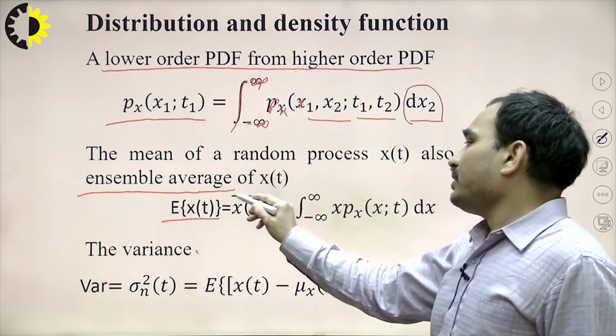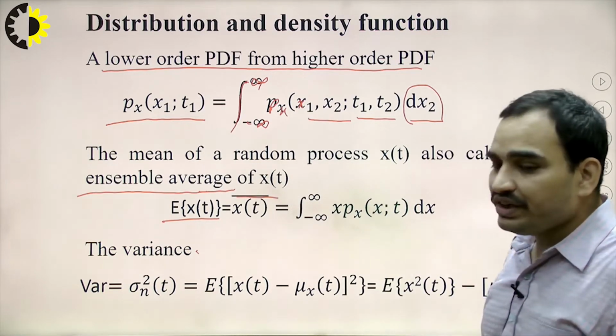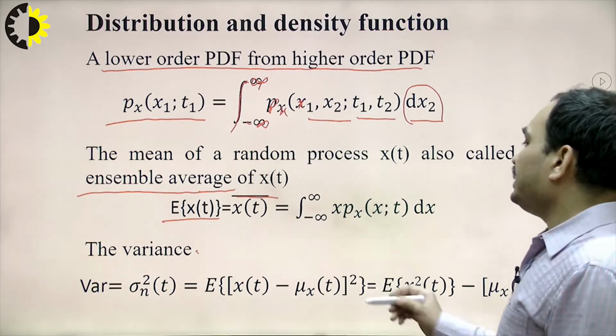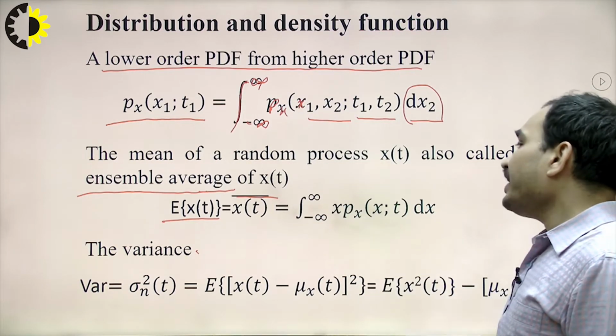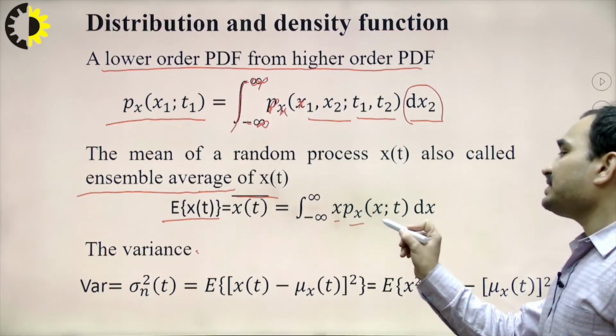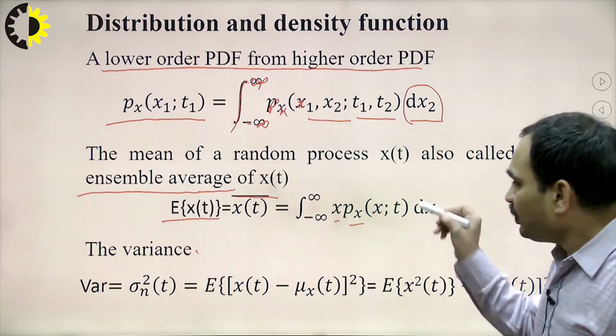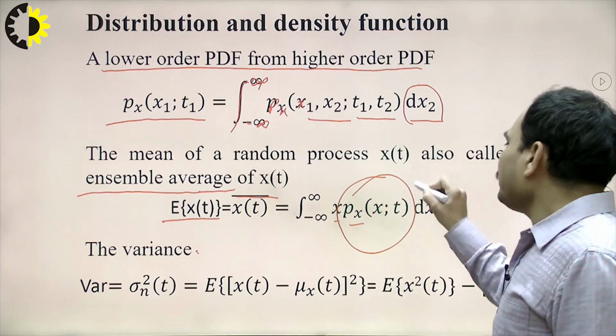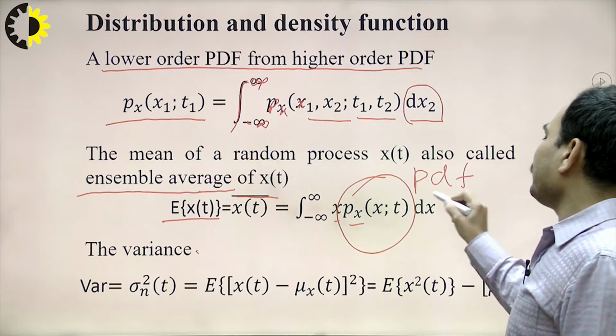We write it as X(t) bar. According to the definition of expectation, it is integration from minus infinity to infinity of x p(x, t) dx, because the probability density function is a function of time.